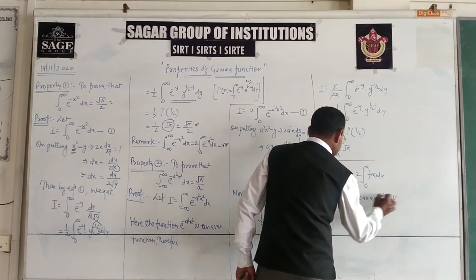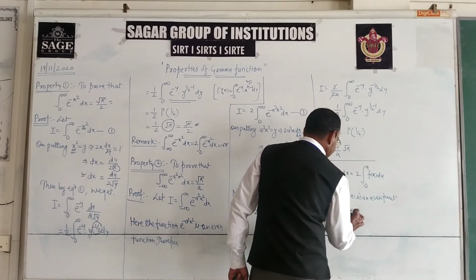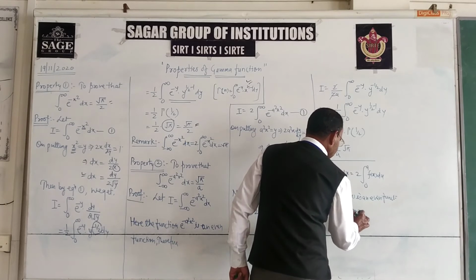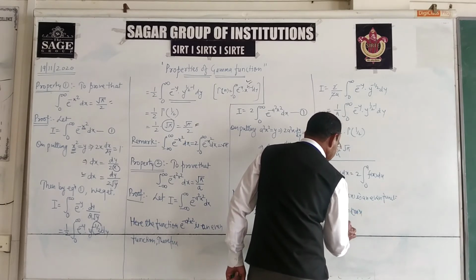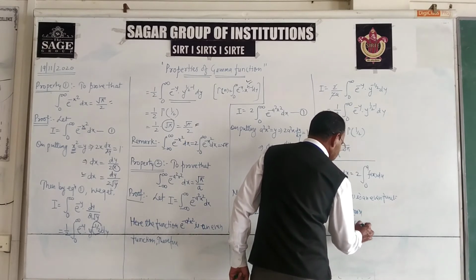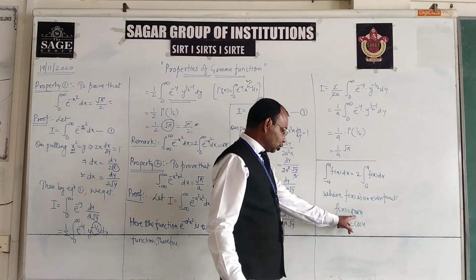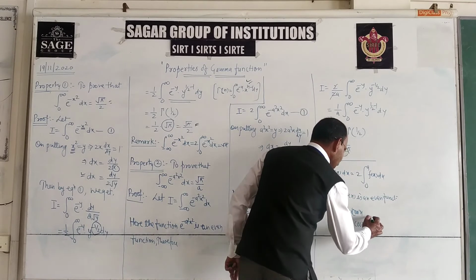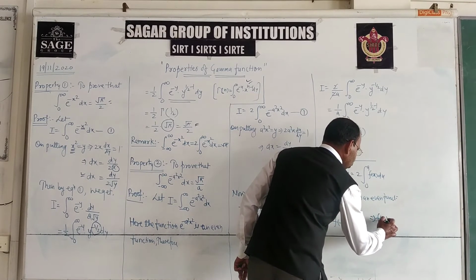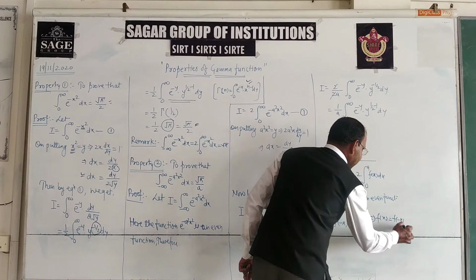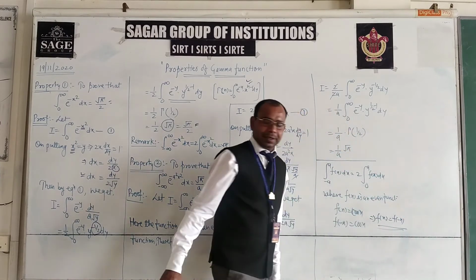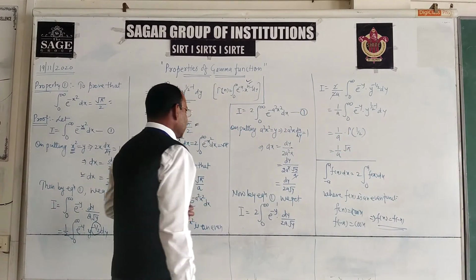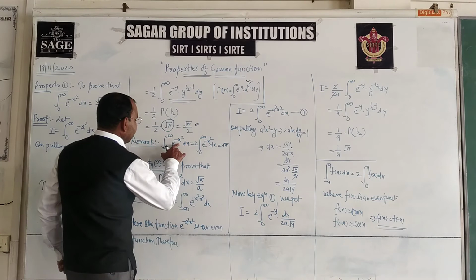Even function means f(x) equals cos x, so f(minus x) is also cos x. f(x) is cos x, f(minus x) is also cos x, both are equal. This is called an even function.